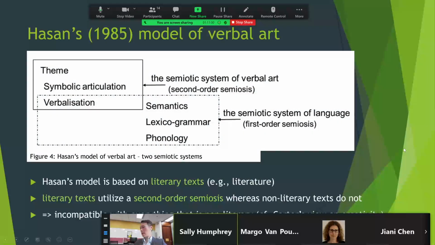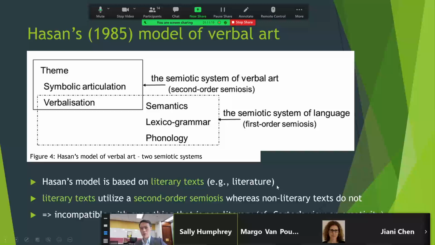And if we talk about verbal creativity, at the very core, we cannot omit that Hasan has a model for verbal art, and I also included figure 4 for you to have a look at. But basically, Hasan's model is based on literary text.